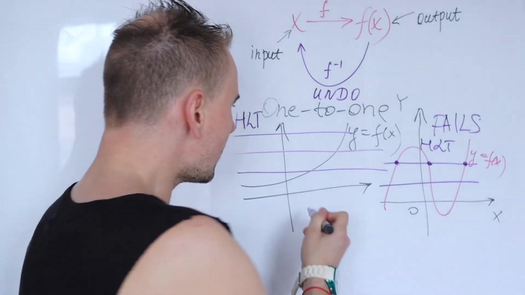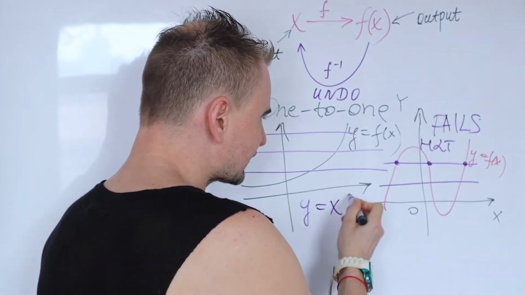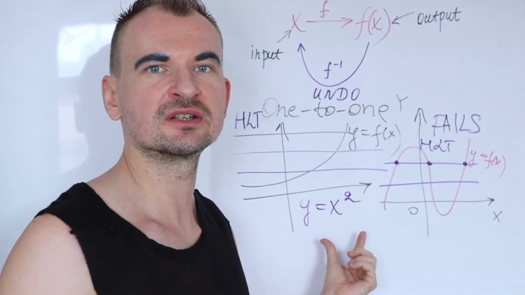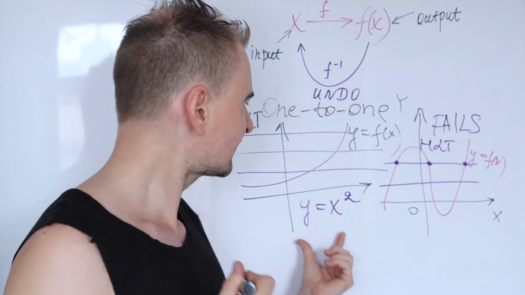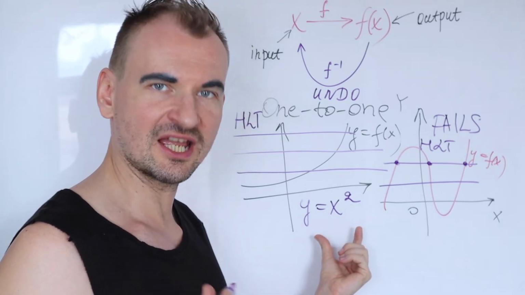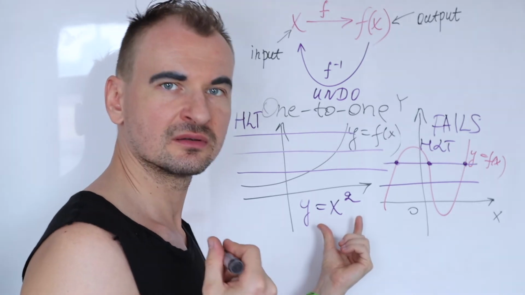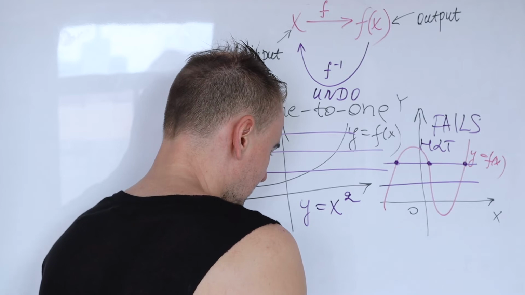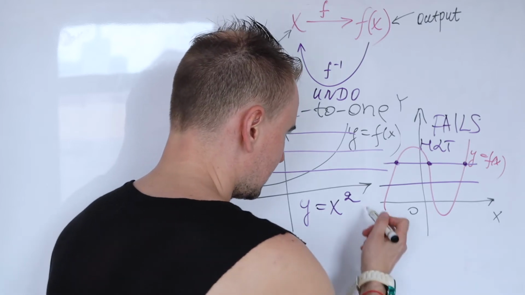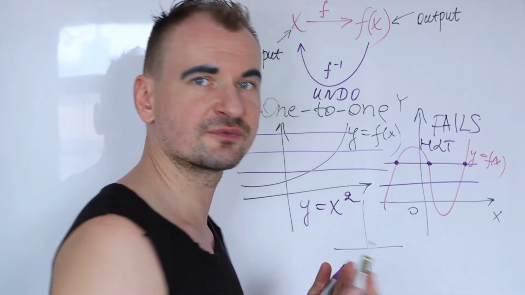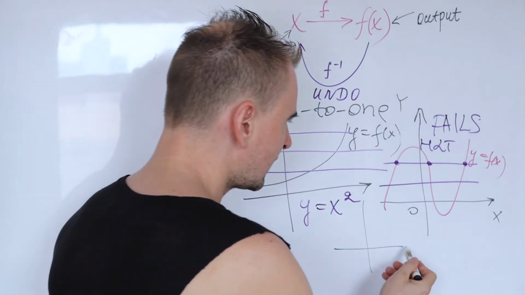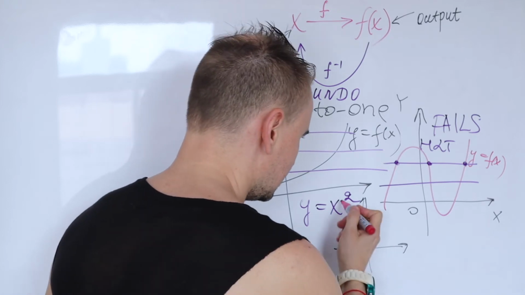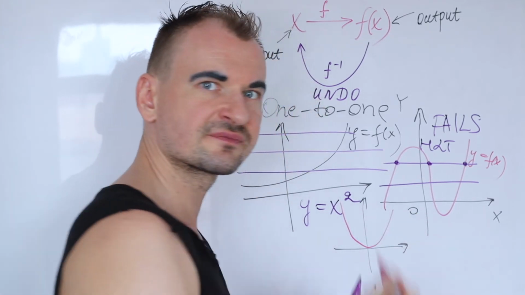For instance, if you are given y equals x squared, this is not a one-to-one function. If you take a look at a visual display of the graph of this function, the graph is a parabola, as we know from elementary school. So it looks like this.